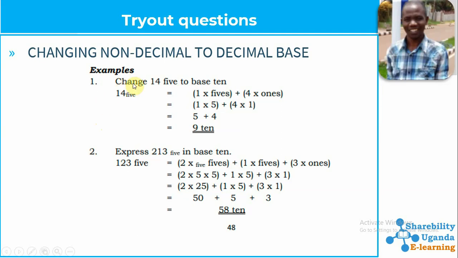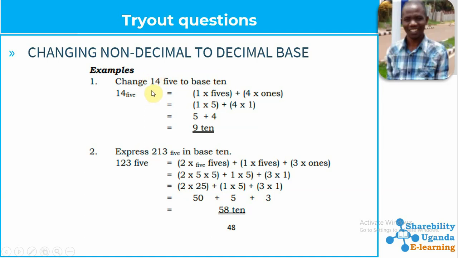So when they say change 14 base 5 to base 10, what we have to know about is our place values. We said that if you have our 4 here, that simply means we shall be having our 4 which is in ones, and then our 1 which is in fives.